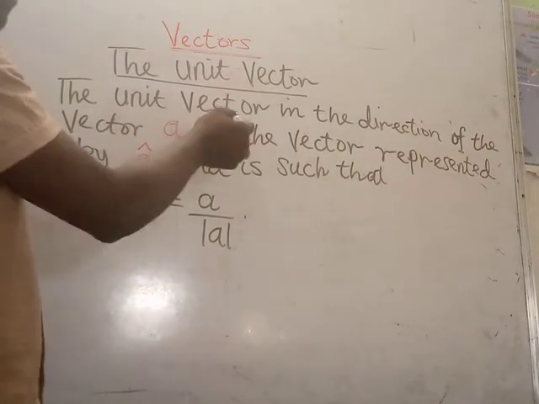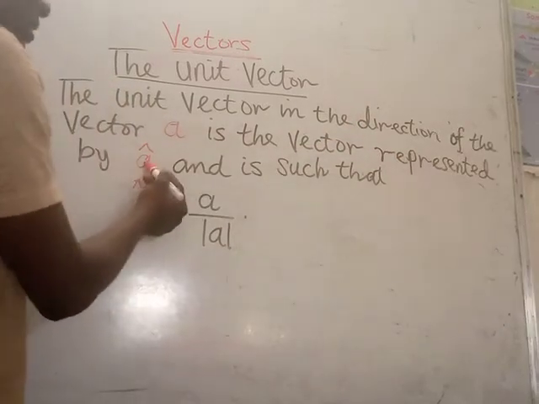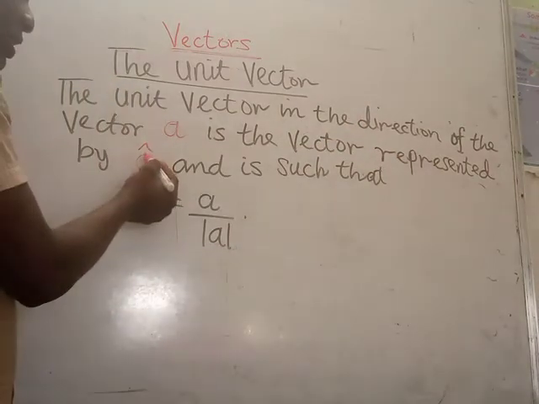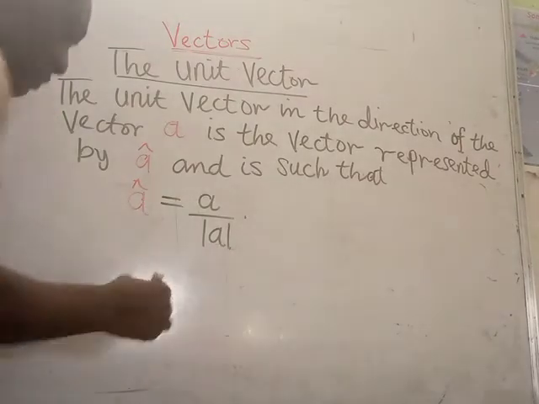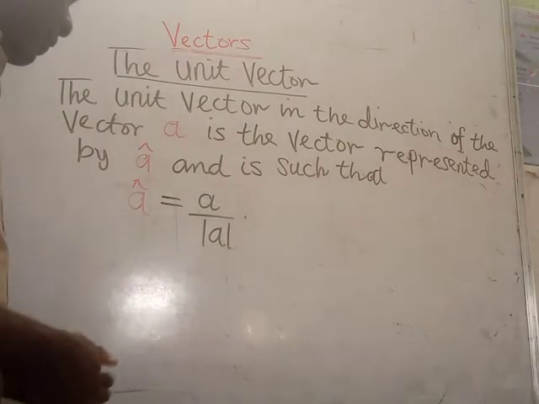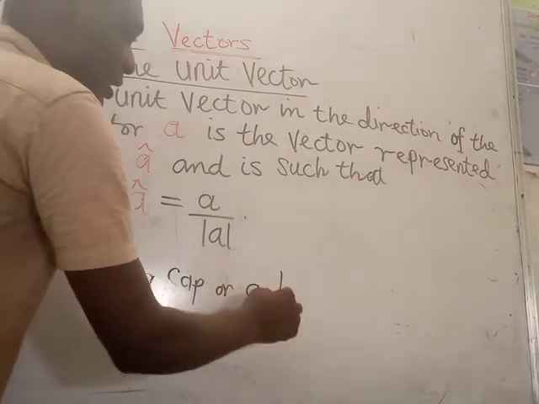So a unit vector which is in the direction of vector A is represented by a cap. You can call this a cap or a hat. A cap, or you call it a hat.